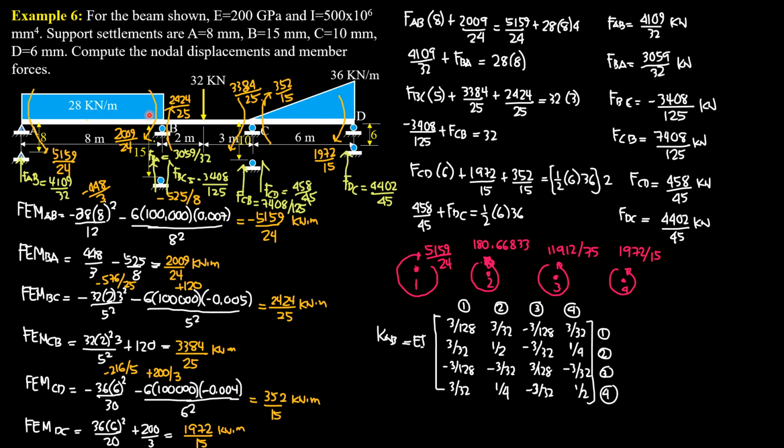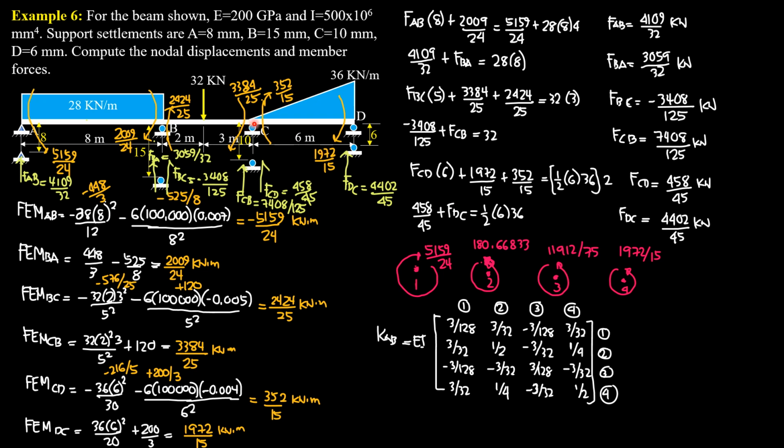So 2009/24 clockwise plus 2424/25 clockwise. So the net fixed moment at B is clockwise, and it is 180.66833 clockwise. But the nodal load is opposite to clockwise, so counterclockwise, and this is positive 180.66833.